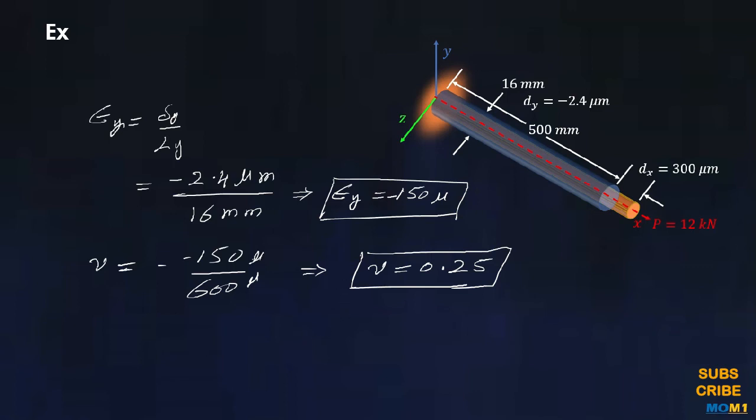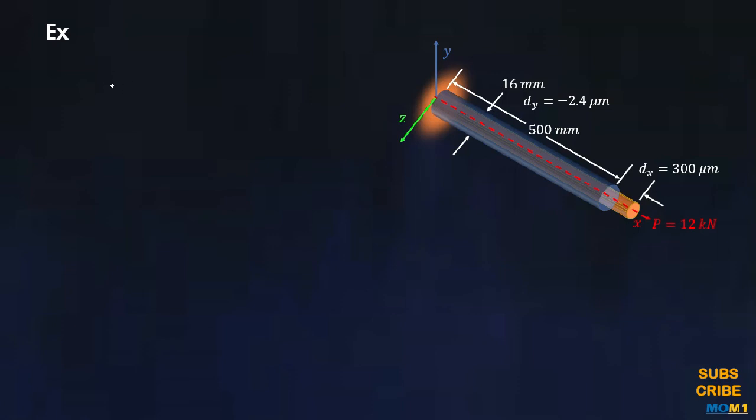Now to calculate the Young's modulus, we have the expression sigma x is equal to E epsilon x. So Young's modulus E is sigma x upon epsilon x. We have just calculated the value of this epsilon, and its value is 600 micron. So we have to calculate the value of sigma x.